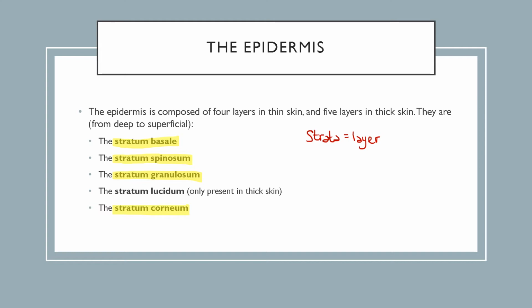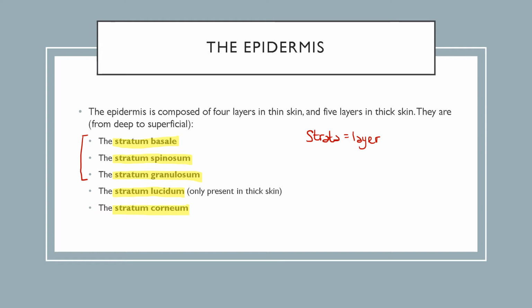Now, these 4 layers make up thin skin. In areas where exposure to friction is very high, like the fingertips, the palms, or the soles of the feet, the epidermis actually has 5 layers. So it has the deepest 3 layers, and then there's going to be another layer called the stratum lucidum.